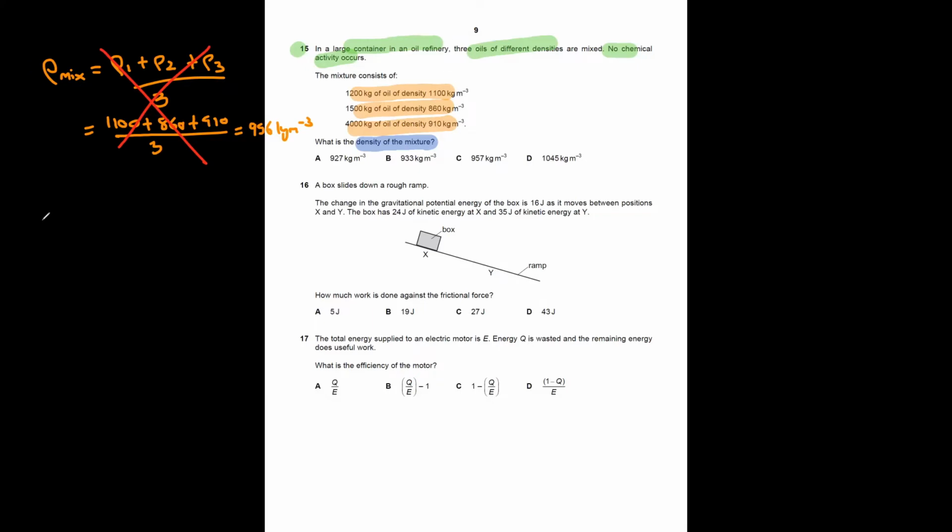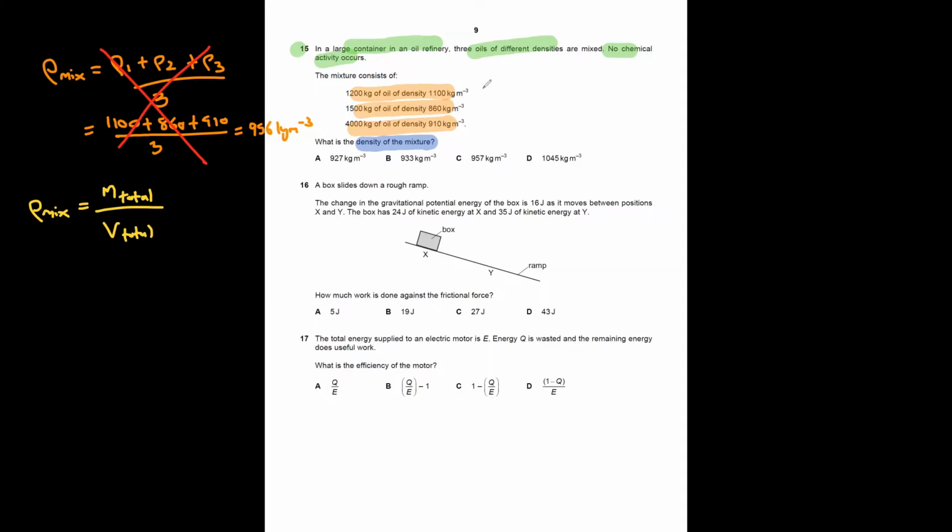When it comes to density of any particular mixture, you always go to the basics where you say it is mass total divided by your volume total. Okay, you have to find the total mass separately, you have to find the total volume separately before you can actually find out the density of the mixture itself.